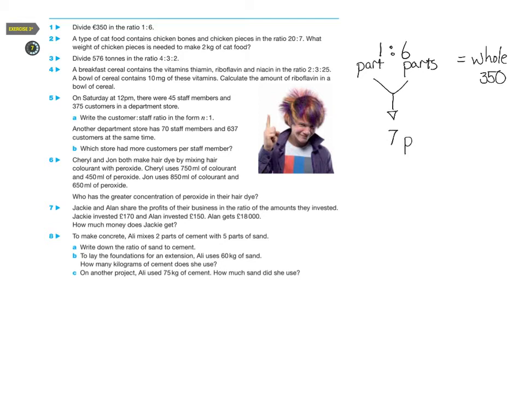So that means how many parts do we have in total? We have 7 parts. If we're talking in terms of maths, it means we need to divide 350 by 7 in order to figure out that 1 part is going to be 50 euros and 6 parts is going to be 300 euros.